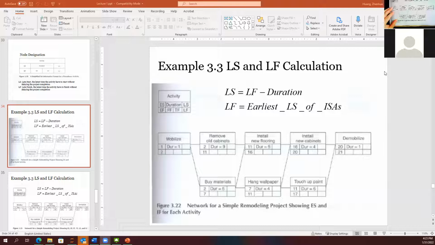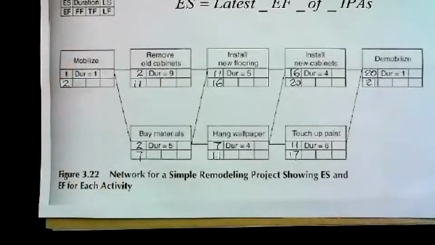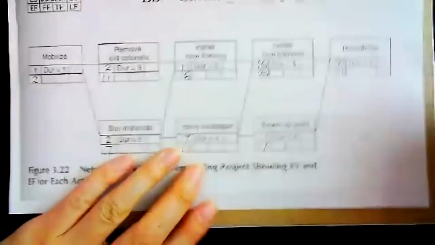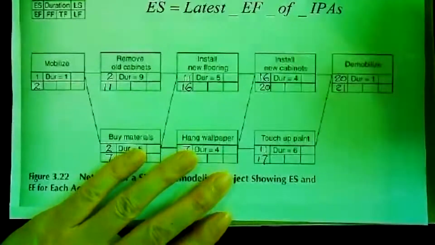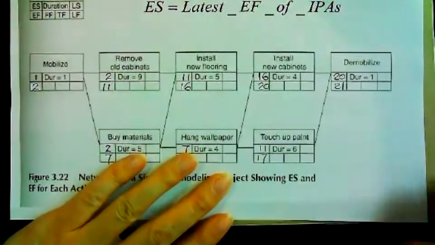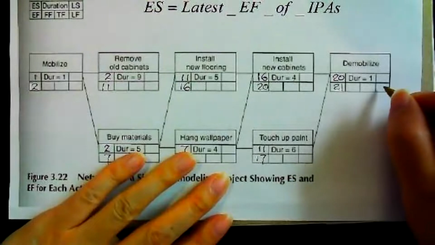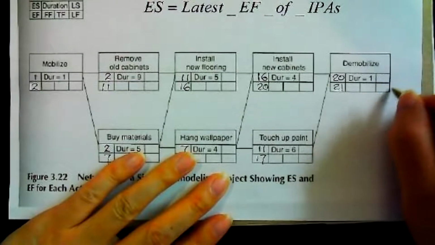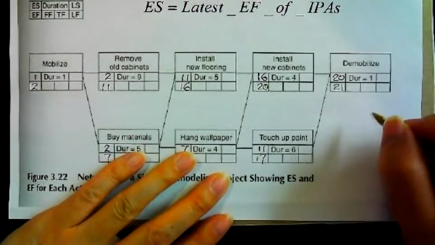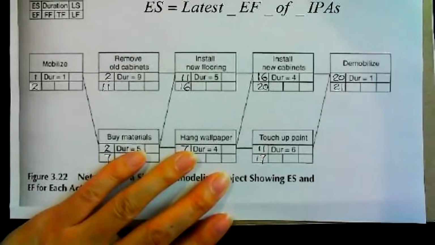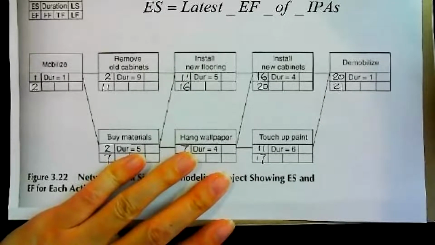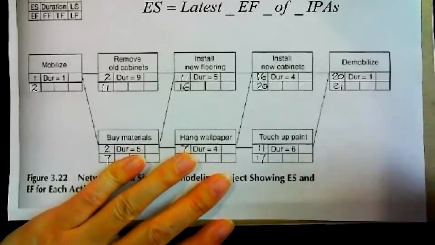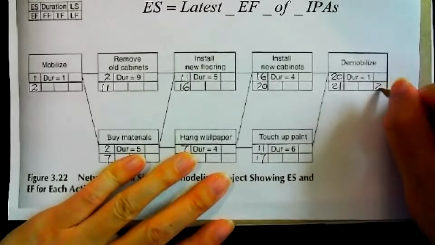Okay, let's go back to my manual analysis sheet over here. As I said, if I want to calculate the late start and late finish, we have to set a target finishing date. Most commonly, if I tell the owner I can finish in 20 days, then they will say, okay, go ahead, finish in 20 days.